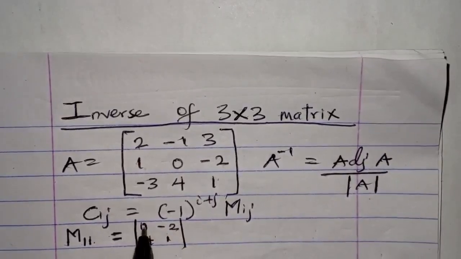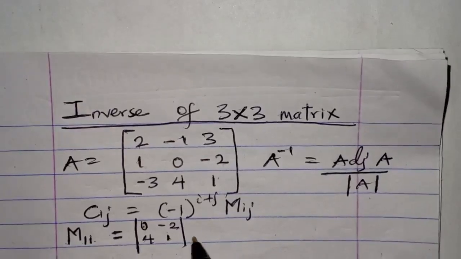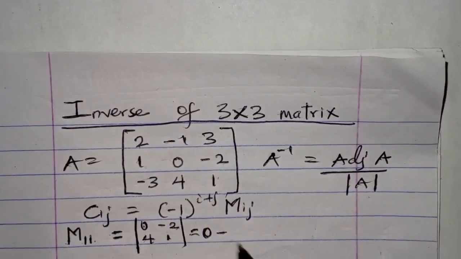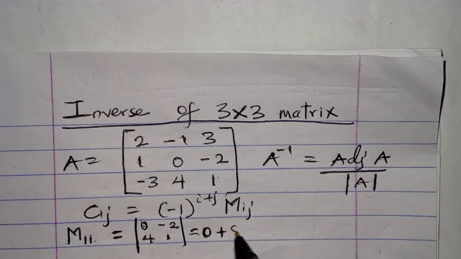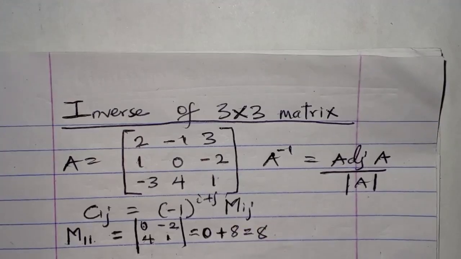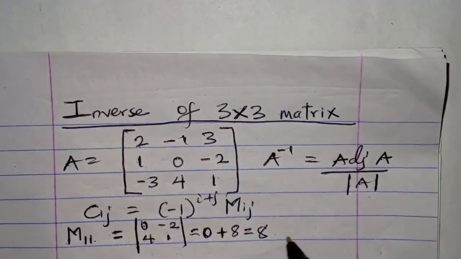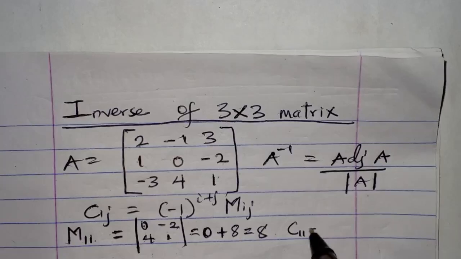You get it? 0 times 1 is 0, minus 4 times minus 2 is minus 8. That will be plus 8. And that's 8. So the corresponding cofactor, that's C11, is this.